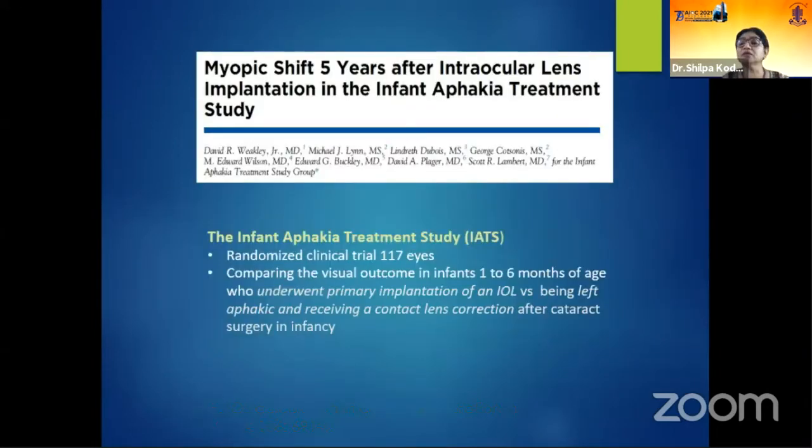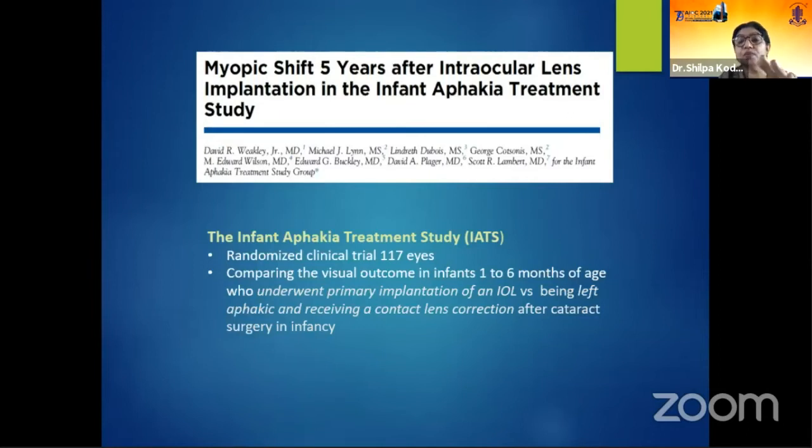Now, there has been a huge study, that is the Infant Aphakia Treatment Study, which was a randomized clinical trial, which was multicentric. It compared infants from 1 to 6 months of age, wherein the child was left aphakic and the correction was done with contact lenses.